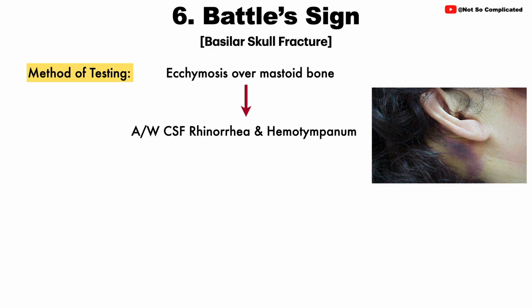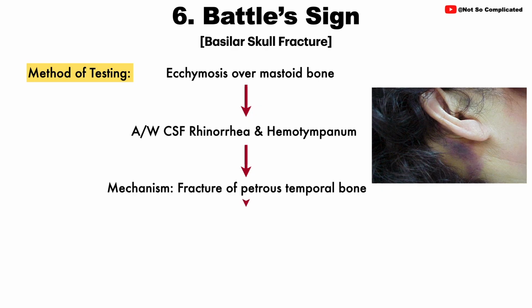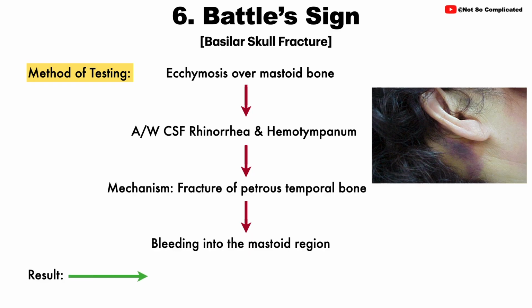CSF rhinorrhea is when CSF comes from the nose instead of mucus, and hemotympanum is blood behind the tympanic membrane. The mechanism is fracture of the petrous temporal bone bleeding into the mastoid region. The result is positive, seen especially in RTA cases, that is road traffic accident cases.